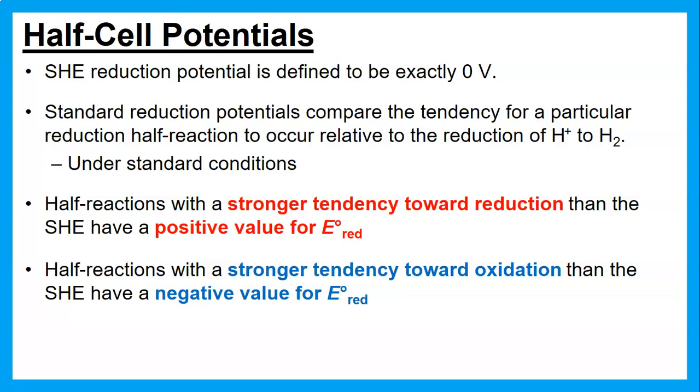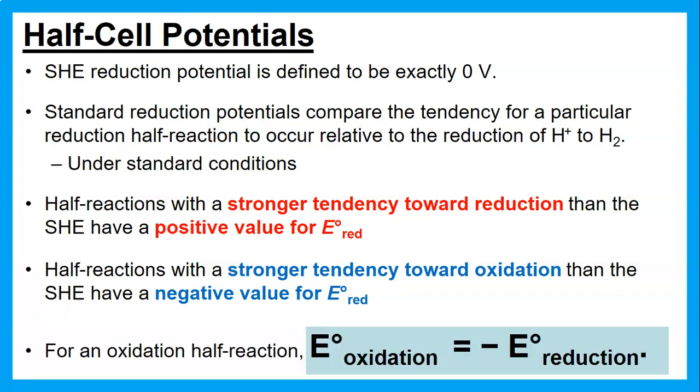So it would get a negative number. And just like when we were doing Hess law stuff, if you flip a reaction, you would flip the sign. So if you need the value for oxidation, you would take the opposite sign of your reduction, or vice versa.